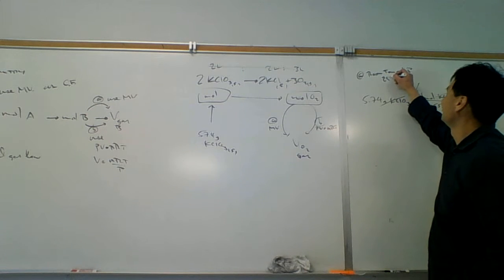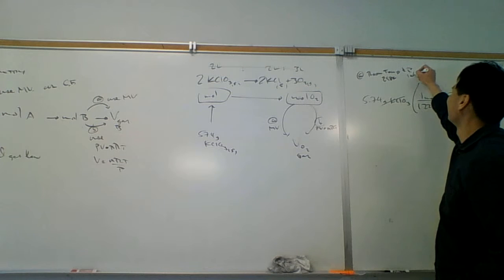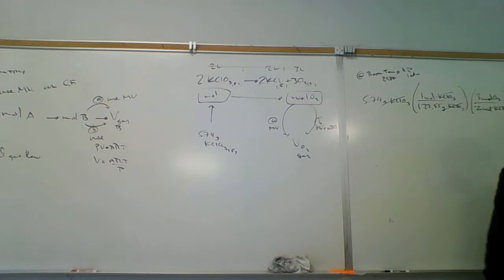Well, it's 298 Kelvin and 1 atmosphere. Just do it that way. And what does it come out to? It comes out to 24.5 liters per mole of gas. This is at room temperature and room pressure, RT and RP.